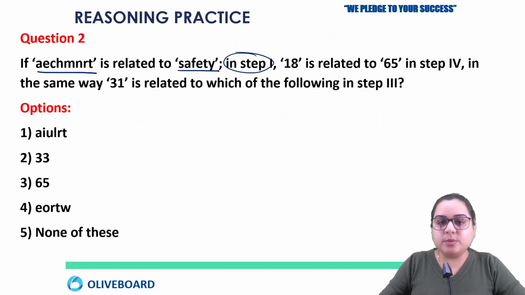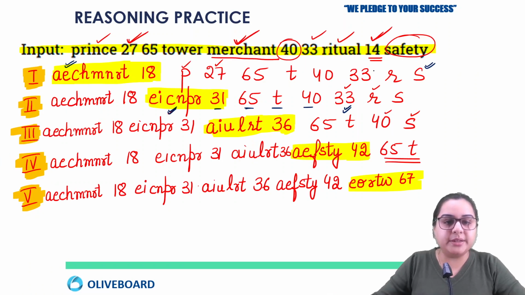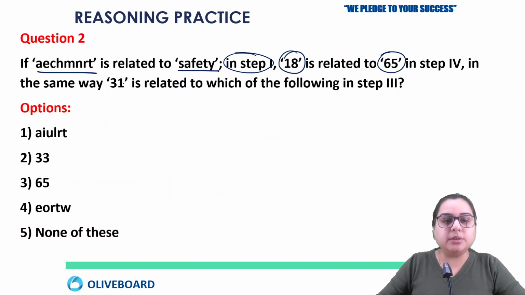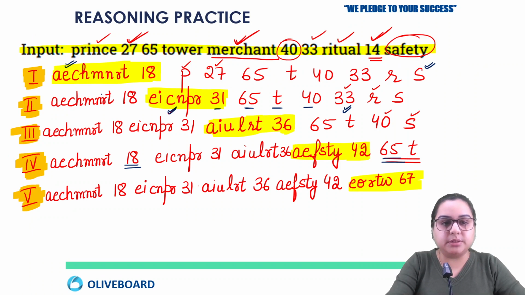Okay, next, 18 is related to 65 in step number 4. So how are 18 and 65 arranged in step number 4? Here we have this 18 and here we have the 65. The first combination represents the corner elements, the second combination represents the second element from both the ends, and then the third combination we have to make with 31 in step number 3.